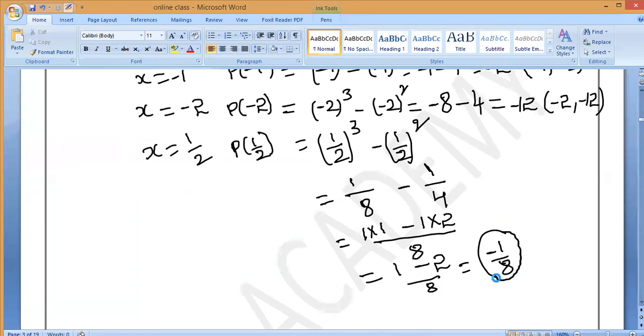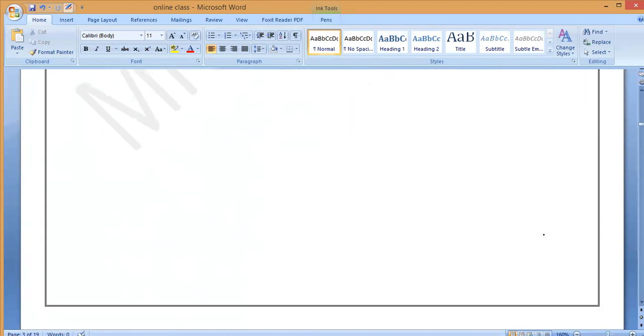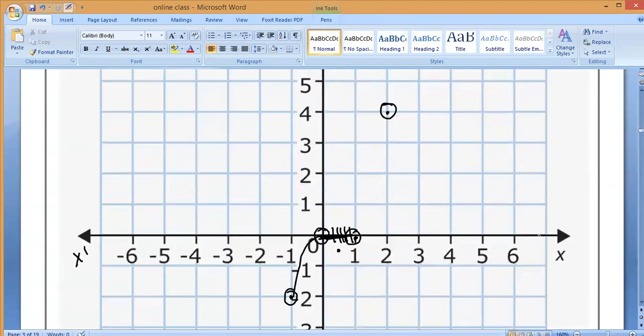This P of x value is nothing but the y value. Here the point is 1 by 2 comma minus 1 by 8. 1 by 2 means 0.5, the middle one on the x-axis.